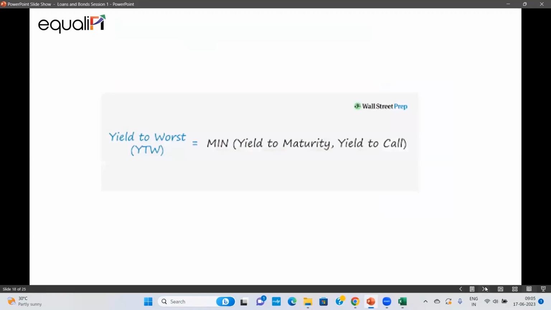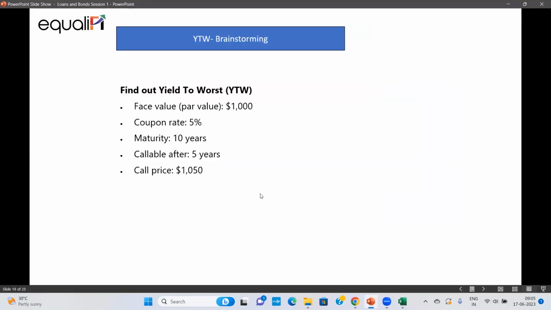Given these figures, first you find out the yield to maturity, then the yield to call, then you will be able to find the yield to worst. The minimum of YTM and YTC is YTW, right? You can start.